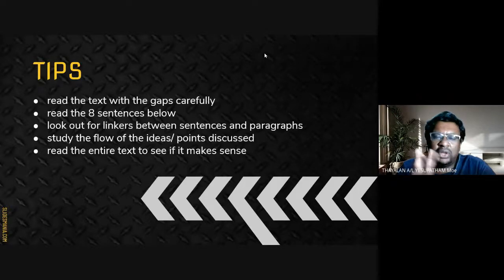So when you read the text, you would know what is in the text. And after that, when you read the 8 sentences given, you would somehow make out which are the 2 additional irrelevant sentences.